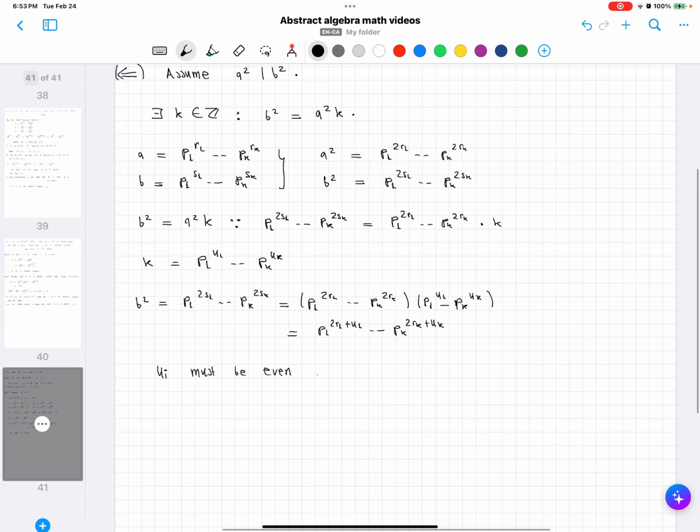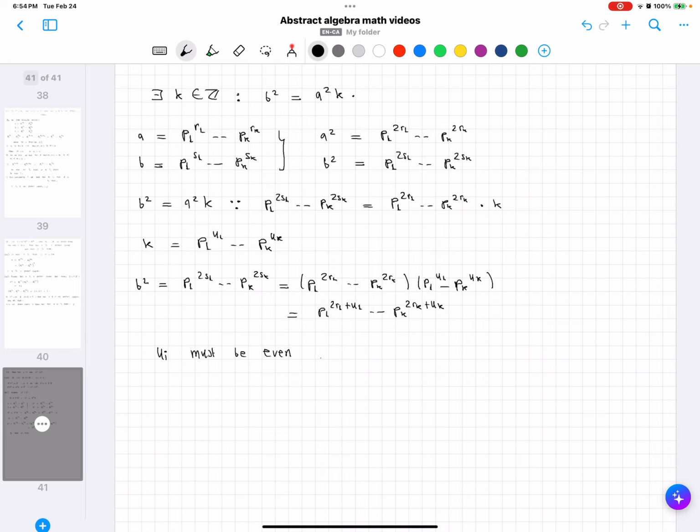So as they add up, 2R1 plus U1 adds up to 2S1, 2Ri plus Ui adds up to 2Si, so each of the Ui must be even.